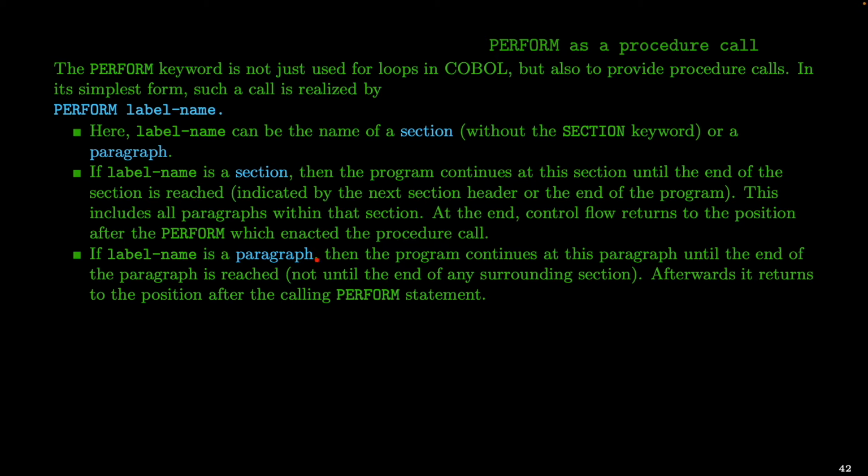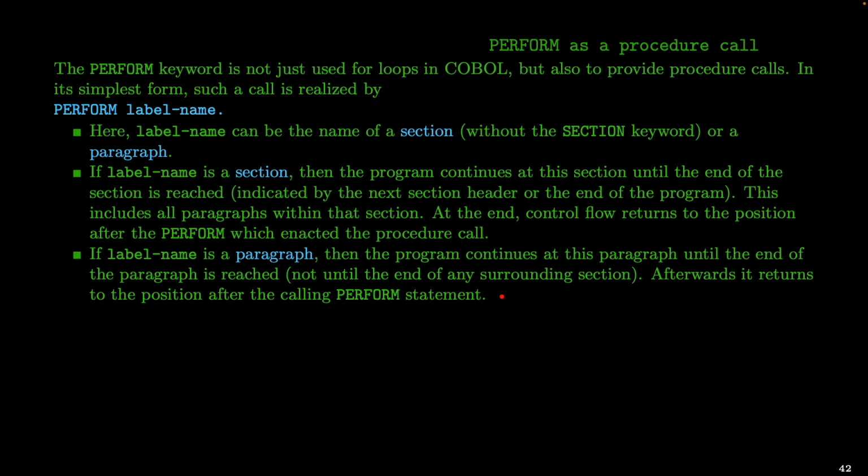If this paragraph is contained in a section and there are multiple paragraphs within that section, then you will, in this case, not continue until the end of the surrounding section. You will just continue until the end of that particular paragraph for which you called perform. And then, as in the previous case, once you're done with this paragraph, you return to the position after the perform statement from where you did the call.